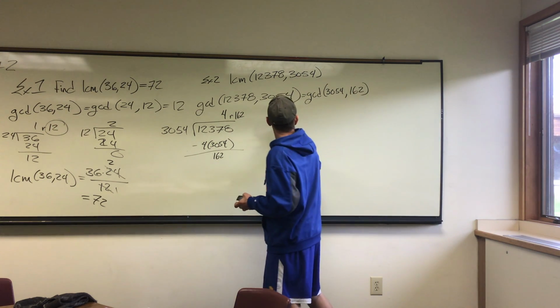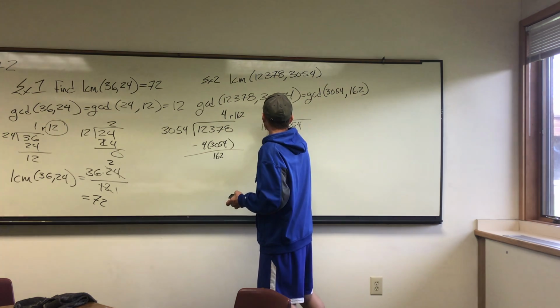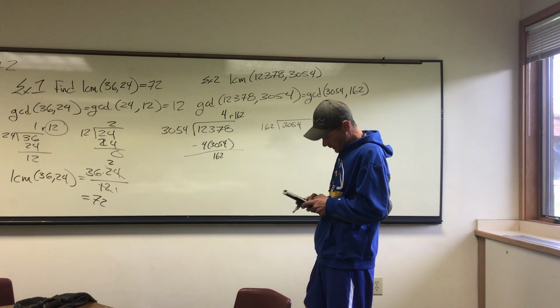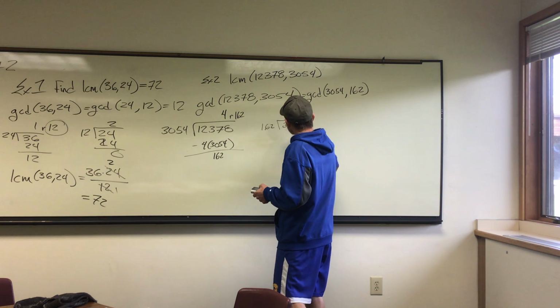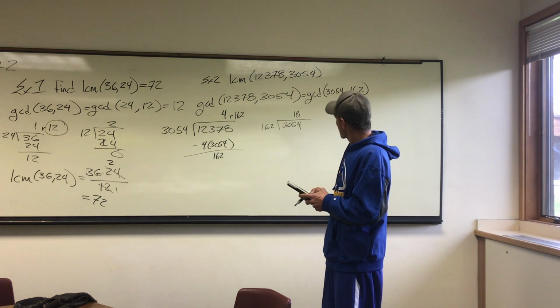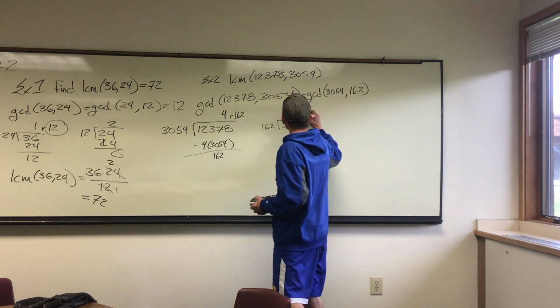Okay, so we do the same thing again. 3,054 divided by 162. How many times does it go in? It goes in 18 times, and there's some left over. How much left over? Let's find out. 3054 minus 18, 162s. 138 is the remainder.